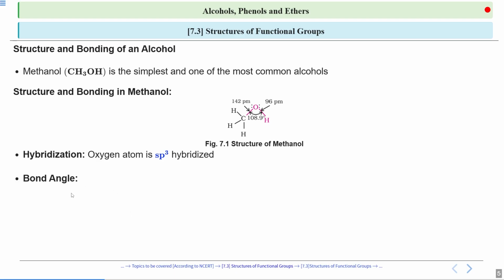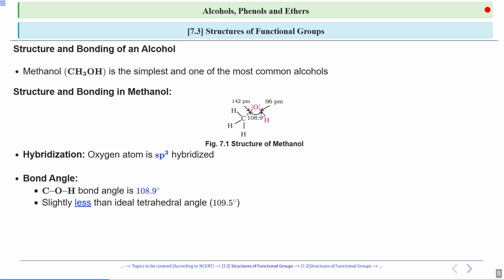If we talk about the bond angle in methanol, the COH bond angle is 108.9 degrees, right? So this is the bond angle of COH in methanol, and this bond angle is slightly less than the ideal tetrahedral bond angle, which is 109.5 degrees.